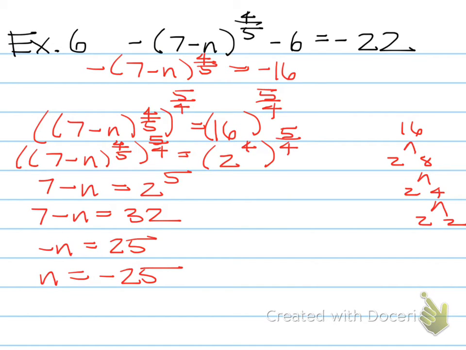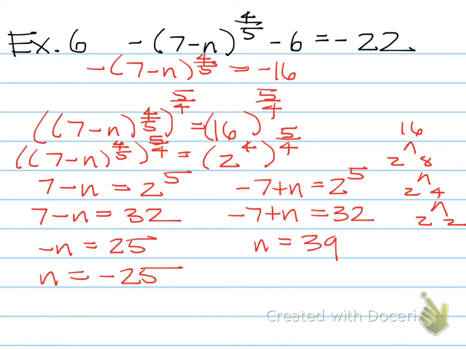Whenever we change the sign of the base, we get -7 plus n equals 2 to the 5th. 2 to the 5th is 32. Add 7 to both sides, and we get n also could equal 39.